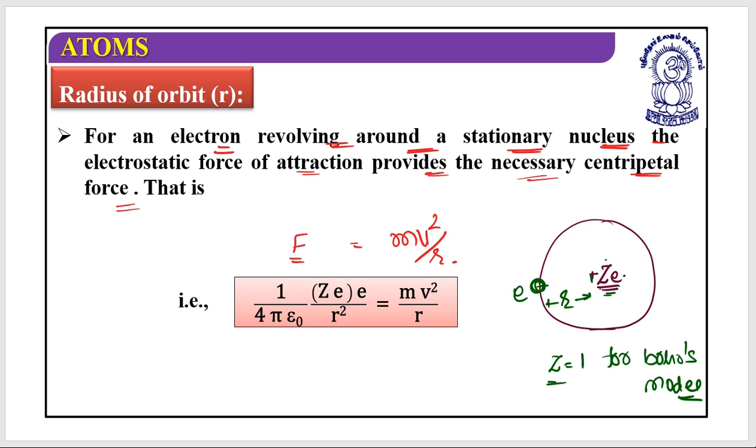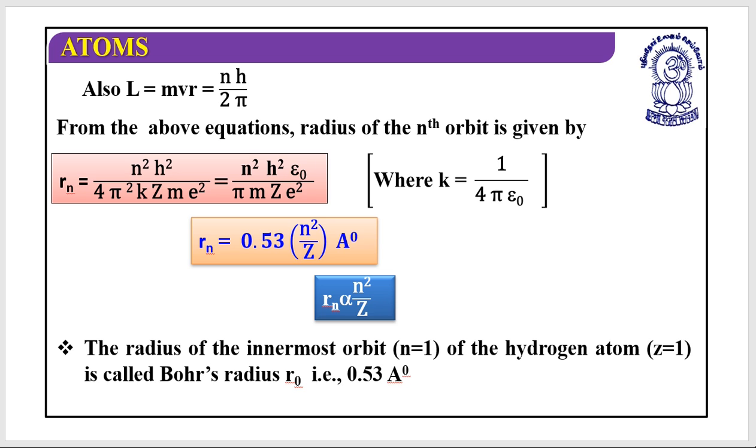This F could be written as k into q1 into q2 divided by r square. That would be equals to mv square by r. This was the first relation, keep this in mind. And the second relation, the angular momentum mvr, that would be equals to nh by 2 pi. This is the second relation.